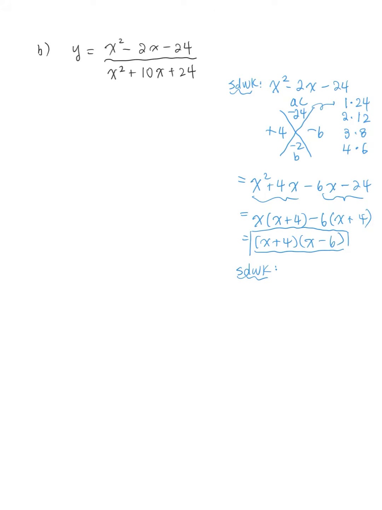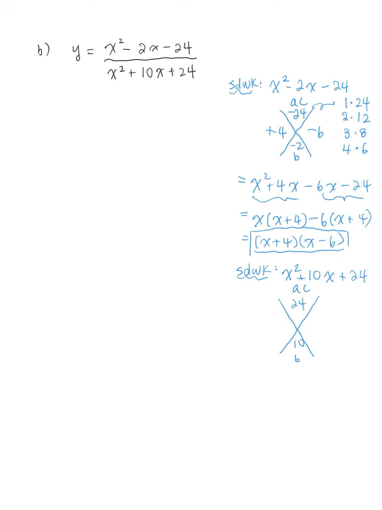Now let's take a look at the denominator. The denominator is x squared plus 10x plus 24. So AC is going to be 24, and our B is going to be 10.